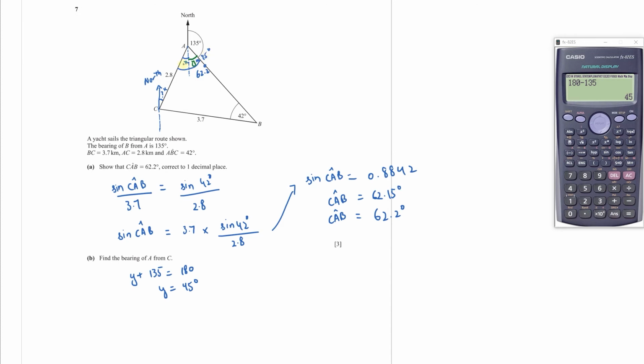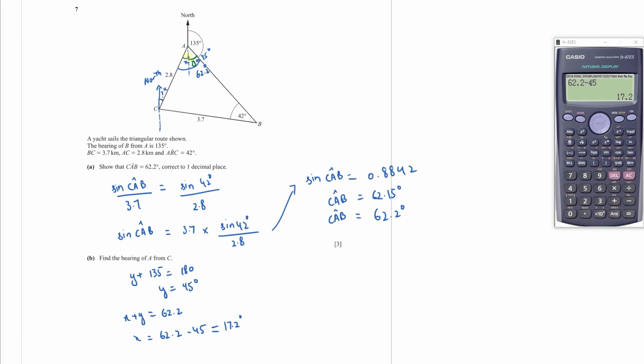So if this is 45, I can calculate X, which is also the bearing of A from C. So X plus Y should equal angle CAB. So this is 62.2 and Y is 45. So 62.2 minus 45 is 17.2. So this is 17.2 degrees.